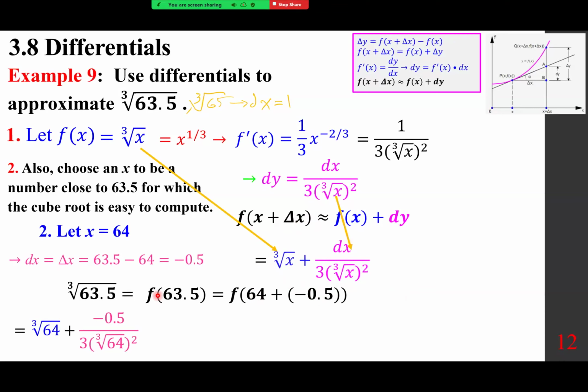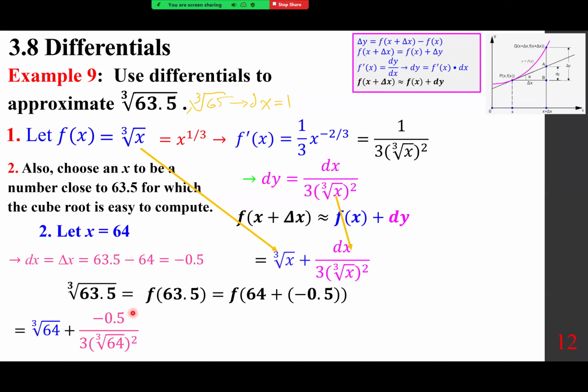So cube root of x becomes cube root of 64, dx becomes minus 0.5. 3 cube root of x quantity squared becomes 3 cube root of 64 quantity squared. So this one is 4, so is this one. 4 squared, 16 times 3 is 48.